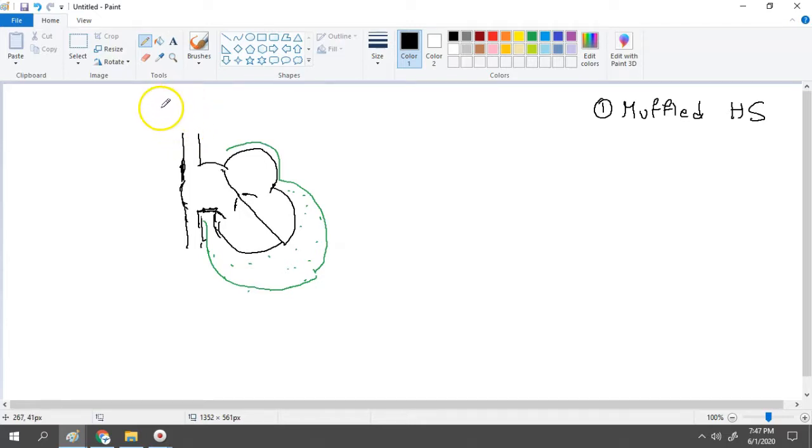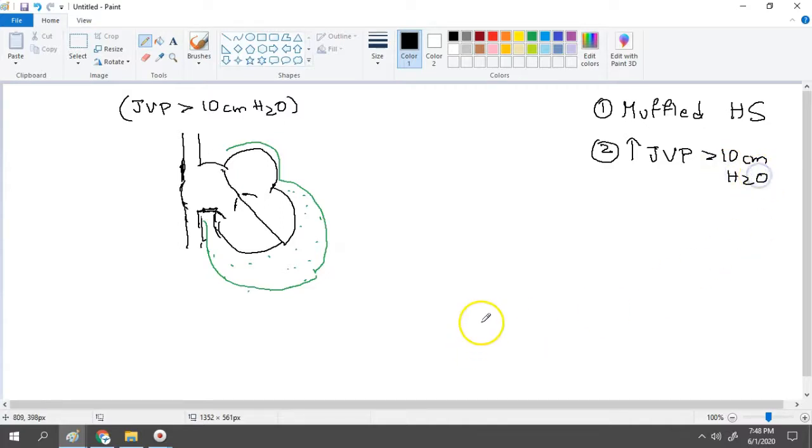The usual JVP is between 8 to 10 centimeters of water. So when the JVP is more than 10 centimeters of water, that usually says that the JVP is elevated.